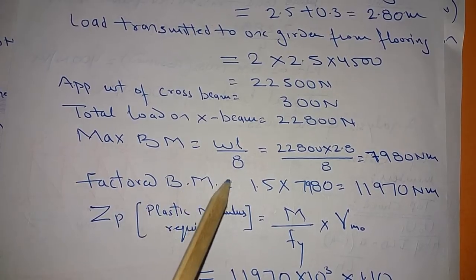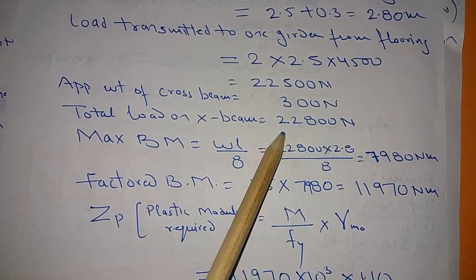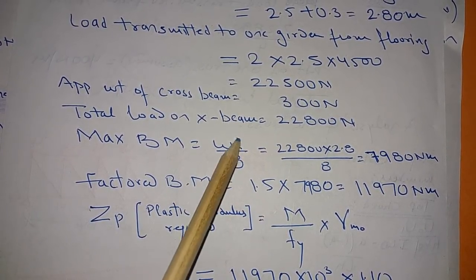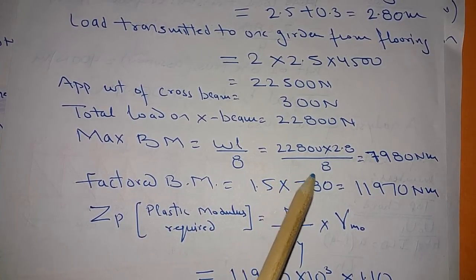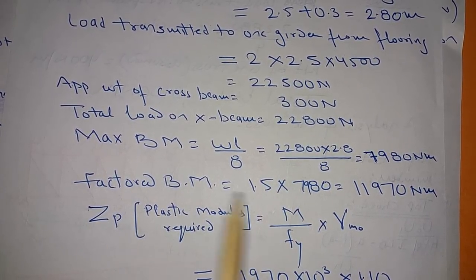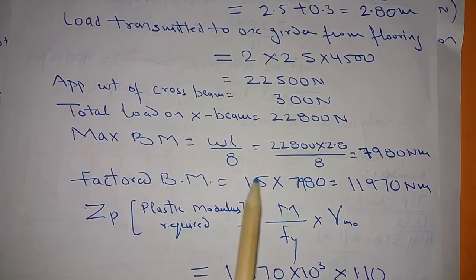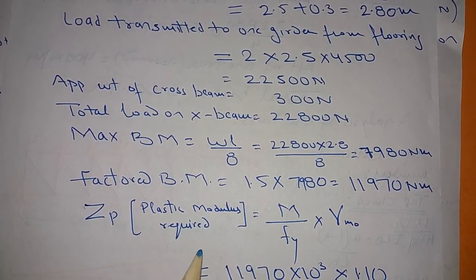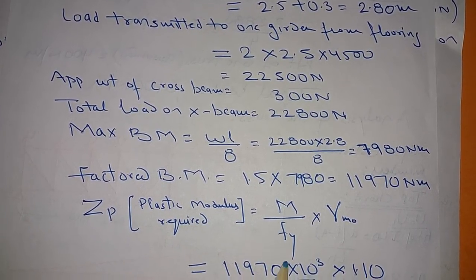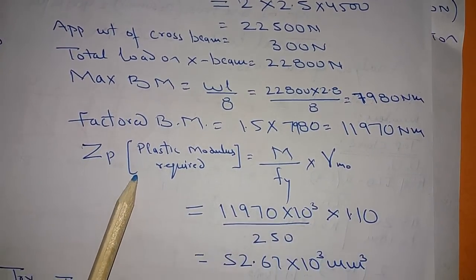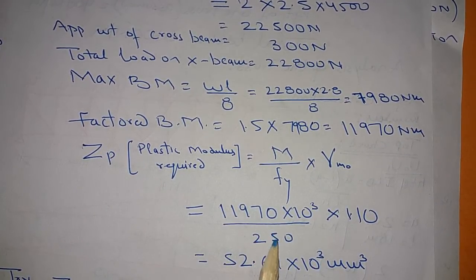Maximum bending moment is WL by 8. W is the total load we have calculated, and L is 2.8. So the bending moment is multiplied by 1.5 for the factored value. Then plastic modulus Zp is M upon fy into gamma m. Each and everything has been calculated.